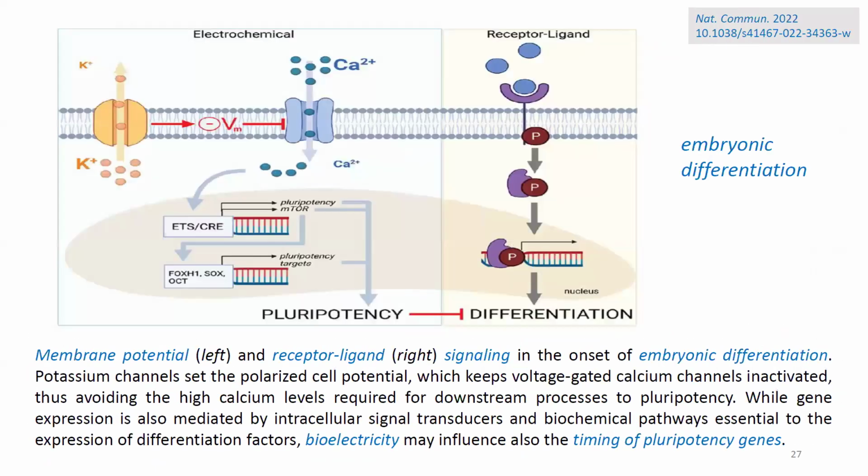Still another example concerning bioelectric differentiation. Here, together with receptor ligand transporters, two channels, potassium channel and calcium channel, compete to establish the inside cell levels of calcium that downstream control the timing of pluripotency genes.